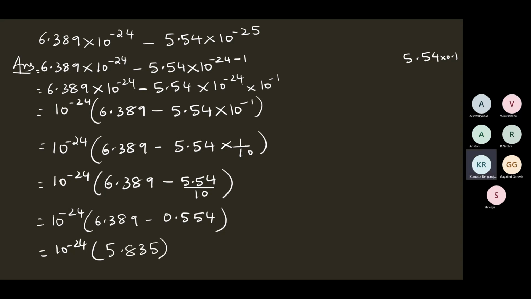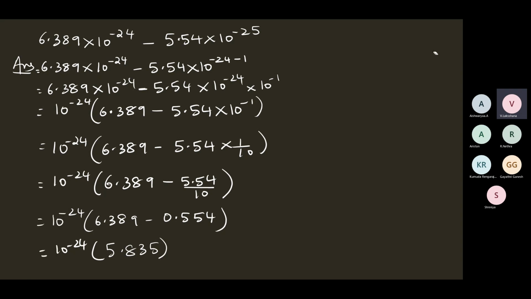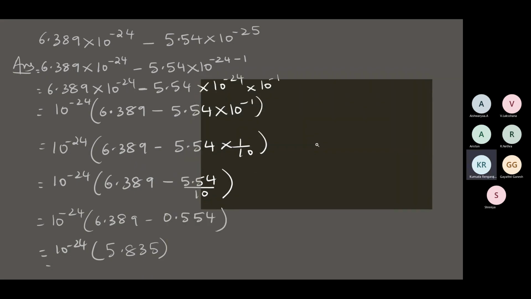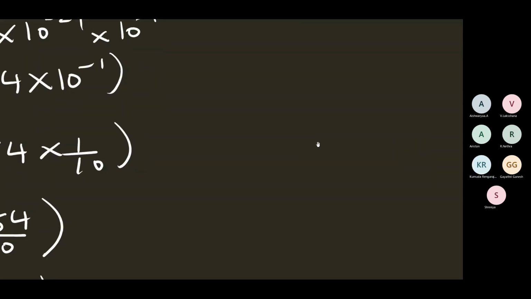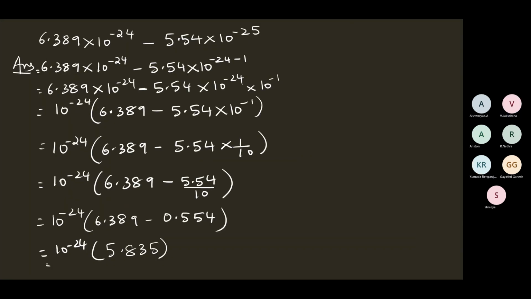And which can also be written like 5.835 into 10 to the power minus 24. So that's nothing but 5.835 into 10 to the power minus 24.